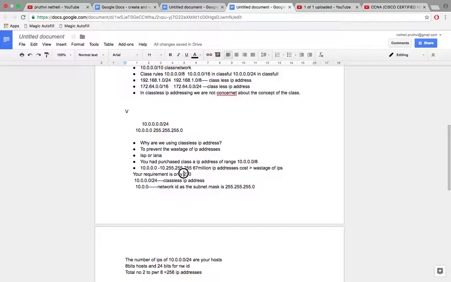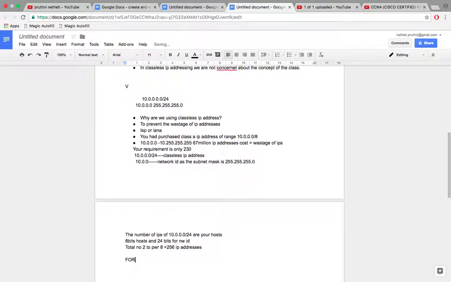Your requirement is only 230 IP addresses, right? So for the requirement of 230 addresses, it's better to use 10.0.0.0/24 rather than 10.0.0.0/8. So this is the reason why classless IP addressing is introduced.